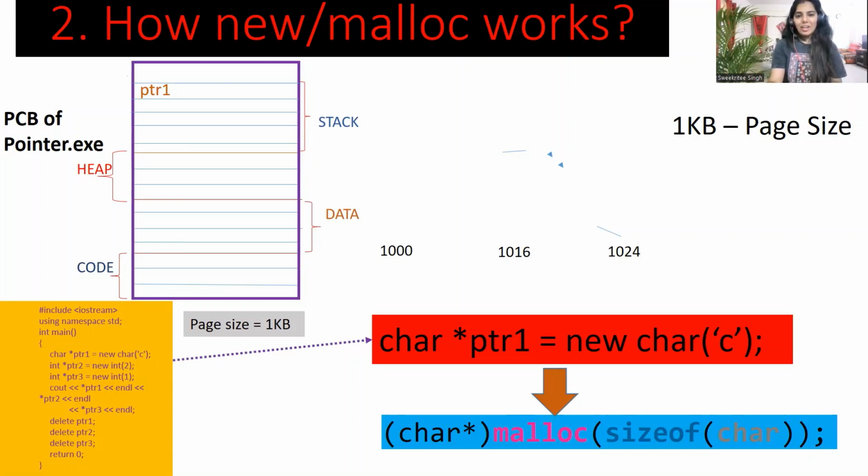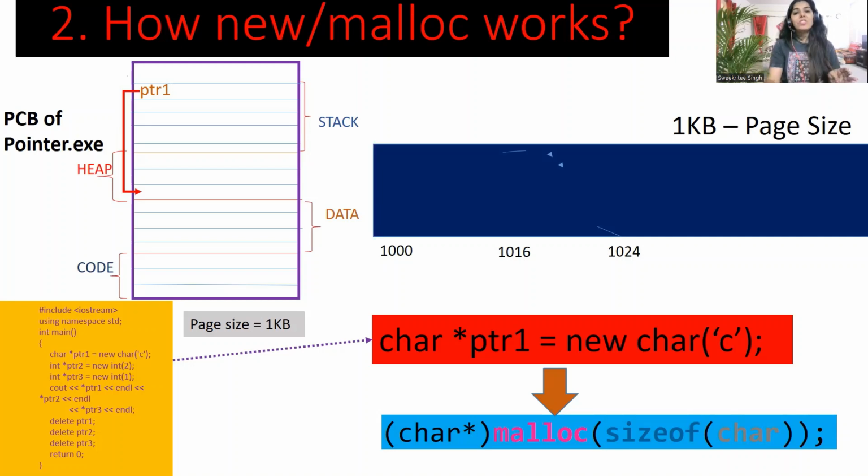But the system checks the heap if any memory is already reserved, and it finds that no memory is reserved till now in the heap. So it reserves a complete page for this process and allocates memory from say location 1016 to 1024 for ptr1.